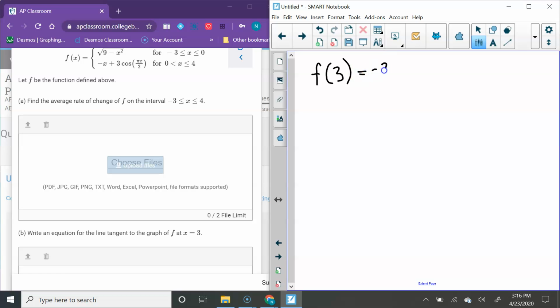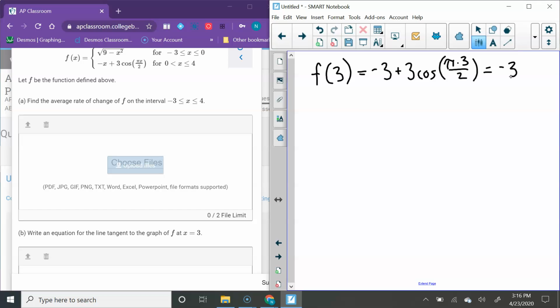So we're going to have -3 plus 3 cosine of pi times 3 over 2. And that's cosine of 3 pi over 2. And cosine of 3 pi over 2 is 0. So we're just going to get -3 for our answer here.